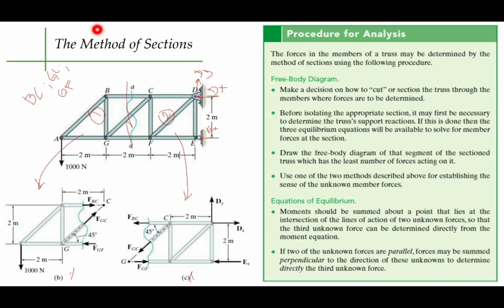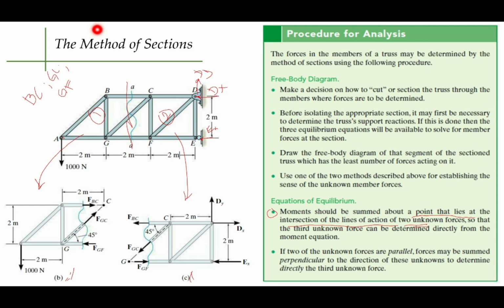Moments should be taken about a point that lies at the intersection of the lines of action of two unknown forces so that the third unknown force can be determined directly from the moment equation. So for this, let's say we do section 1, which is figure B. Item 1 here under equations of equilibrium states that it is best to do the moment at the point that lies at the intersection of the lines of action of two unknown forces.